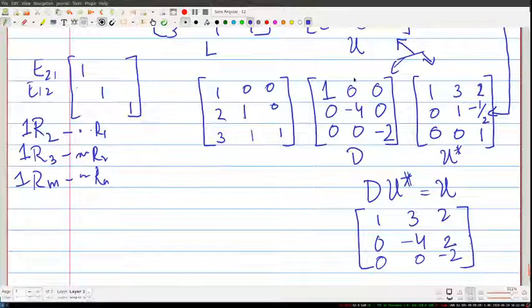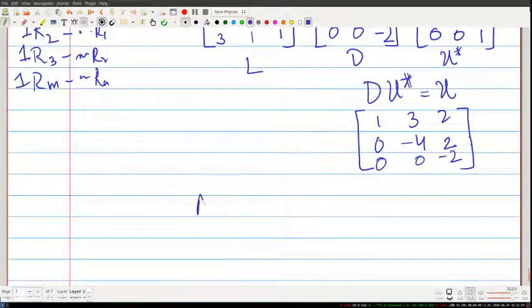Now the nice thing is that I've got 1s on the main diagonal in L, and 1s on the main diagonal in U star, and at this point we do some cheating and we say A equals LDU.